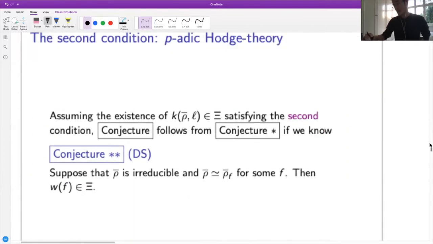On the other hand, if I've got a K_ρ̄,L in C satisfying the second condition, not the first condition, then the main conjecture follows from just the Conjecture Star I've just mentioned in one slide above, if we happen to know the following fact: that if ρ̄ is irreducible and modular, then the weight recipe of that modular form that makes ρ̄ modular sits inside C. If this conjecture is true, then Conjecture Star would imply the main conjecture, or in this case the first condition about the minimality, because more or less this weight recipe would define the K_ρ̄,L that I'm after.